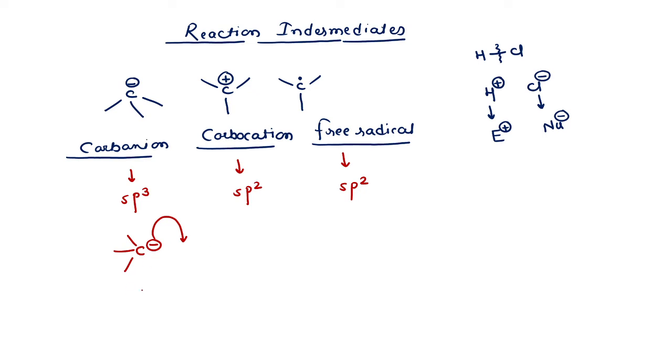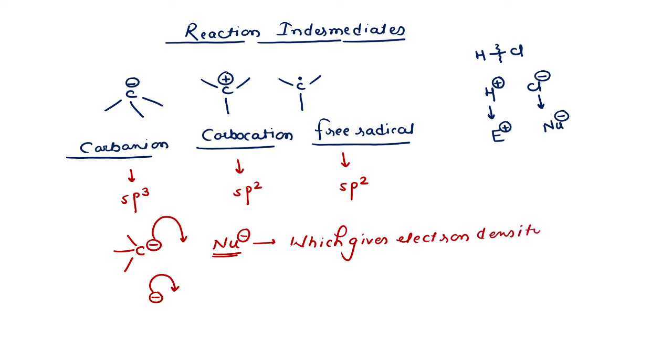Any species which gives electron density to the carbon is known as a nucleophile. A nucleophile is a species which gives electron density to the carbon. Now this species is sp3 hybridized.